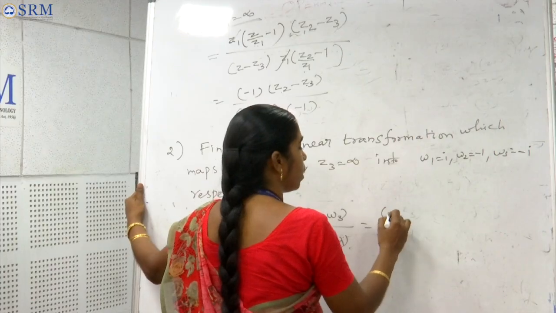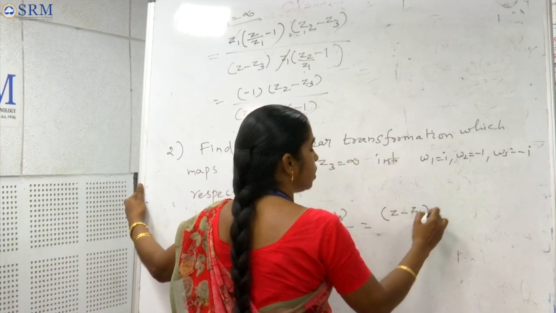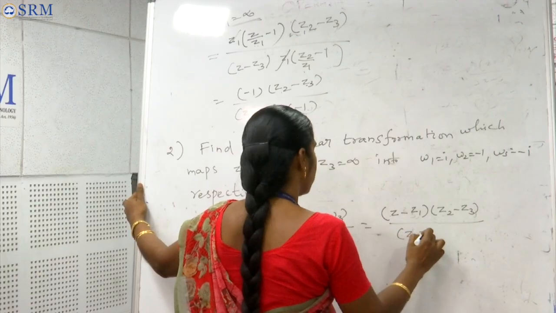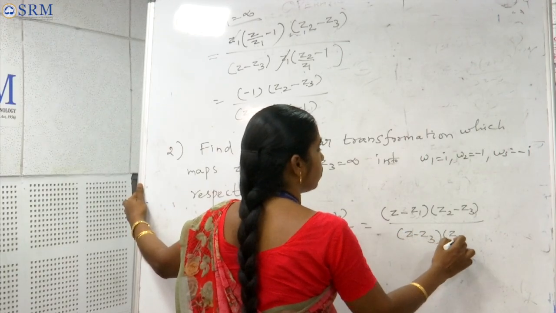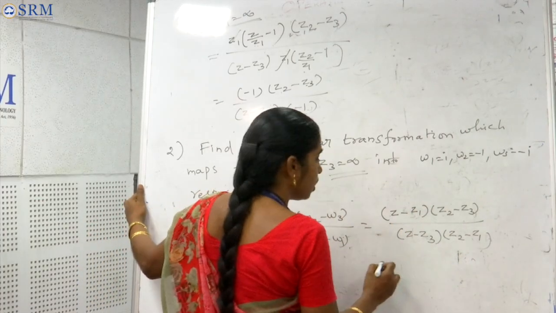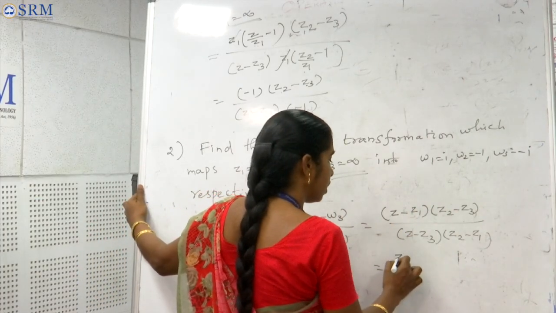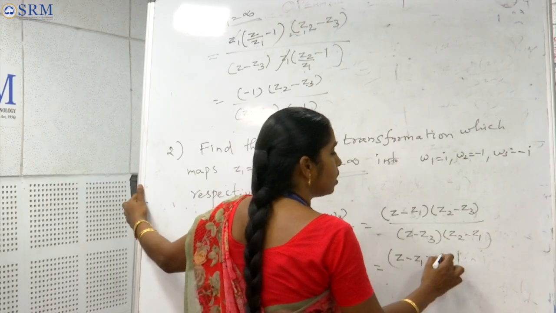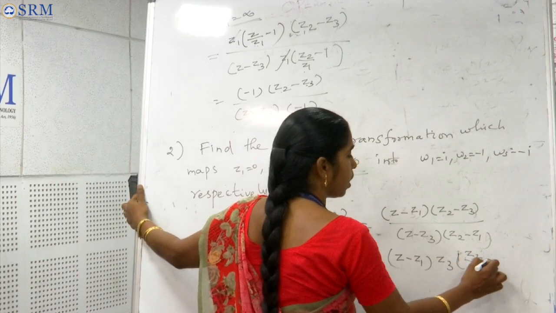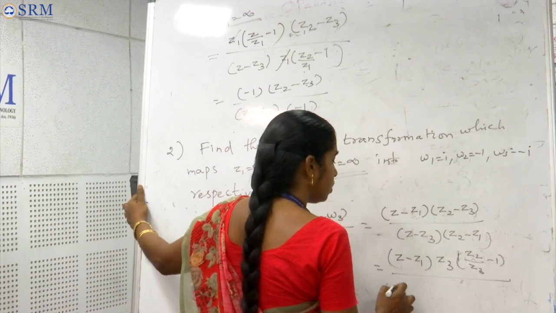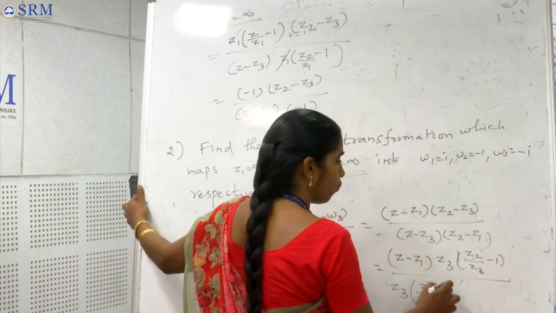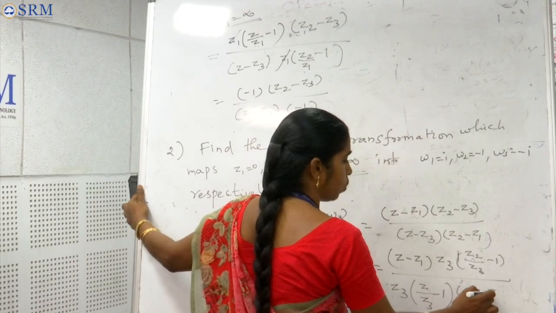The usual formula is Z minus Z1, Z2 minus Z3 divided by Z minus Z3, Z2 minus Z1. Here Z3 is infinity, so you take out that Z3: Z minus Z1, Z3 into Z2 divided by Z3 minus 1, divided by Z3, Z divided by Z3 minus 1, Z2 minus Z1.